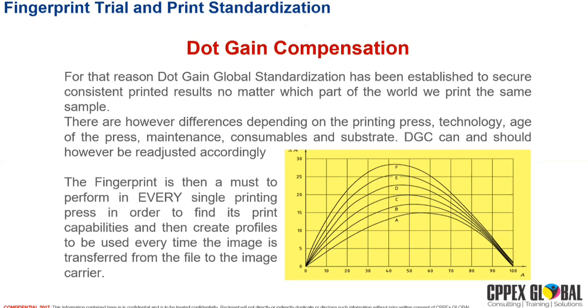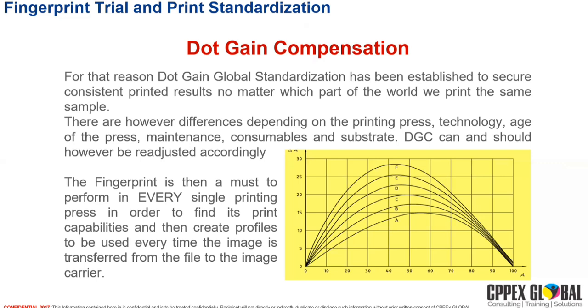Dot gain differs depending on the printing press, technology, and age of the press. If you have a new press, you will have a different dot gain. If you are using an old press, it will have a different dot gain. Maintenance is also very important. Consumables and substrate: what type of inks you are using, what is the concentration of the ink, strength of the inks, solid content of the inks, and hopefully in the second part we will discuss all these points. And then the substrate, what are the characteristics of the substrates.